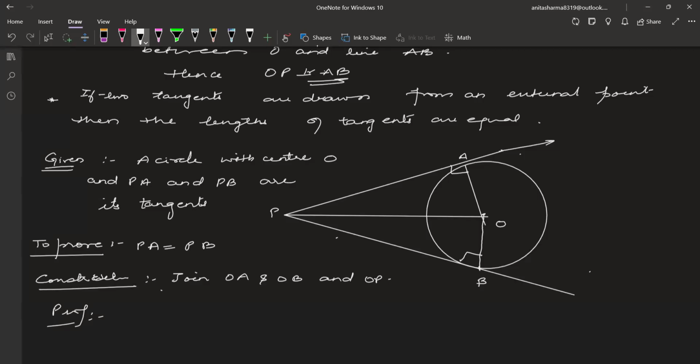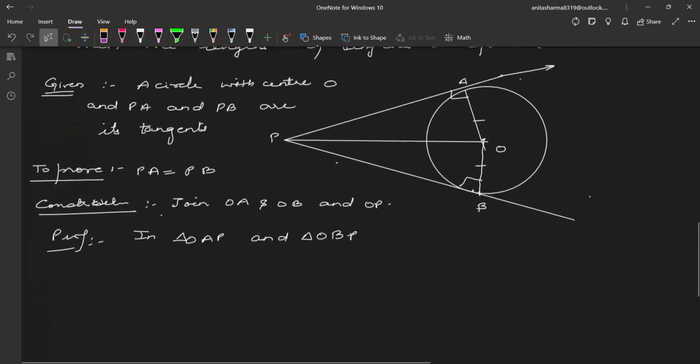So what we can do? We can take these two triangles now. Angle A is equal to angle B, right? And this OA will be equal to OB and OP is common. Am I correct, children? So you will take triangle OAP and triangle OBP. We're going to prove that they're congruent, and then by CPCT we will prove PA is equal to PB.